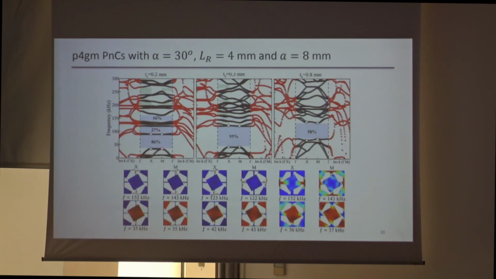However, again, it's not the case, because for the very thin connectors, initially it increases, and here we have a strongly coupled Bragg resonant gap, for example. But then we have the modes of the connectors, and then the band gap shrinks.